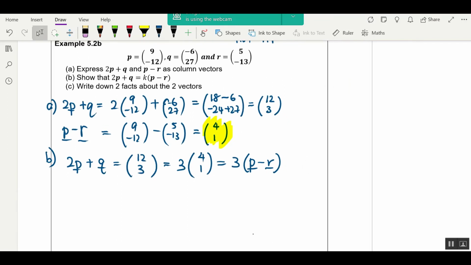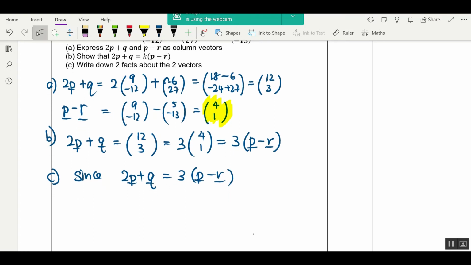Okay, so this is how we show that a bigger vector is k times of the smaller vector. And since 2p plus q is equals to 3 times of p minus r, what are two facts that I can say about the two column vectors? Number one, the first fact is 2p plus q, this vector is parallel to p minus r. Okay, they are parallel.